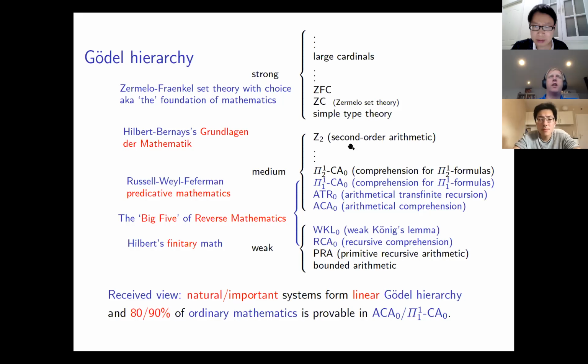So there are of course higher order versions of Z2. I would say higher order reverse math is everything that lives below that. We shouldn't go beyond this level, say the medium range, as it were, is where we should stay. The strong range is more set theory, perhaps.